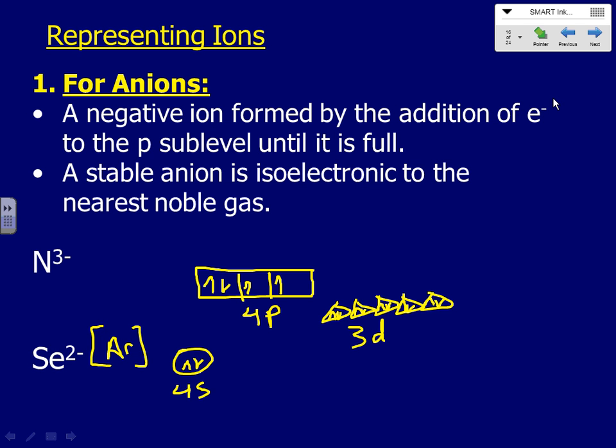And in order for it to become stable, we need to fill the p subshell. And so I'm going to add 2 more. And that gets me my -2 charge.